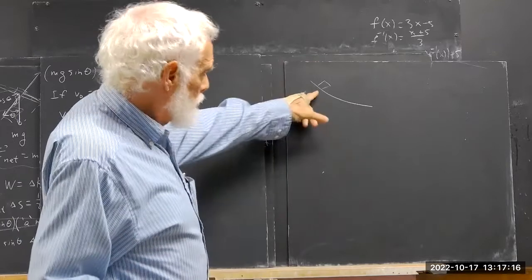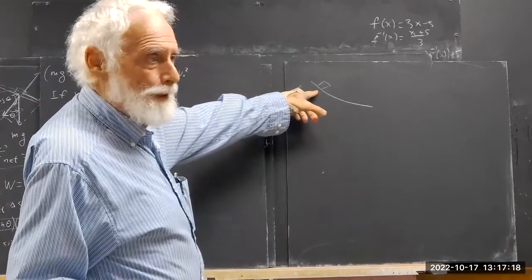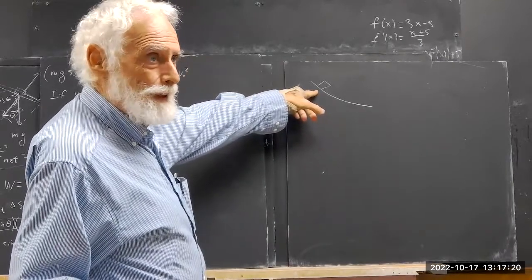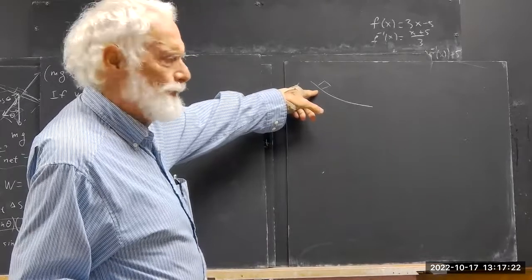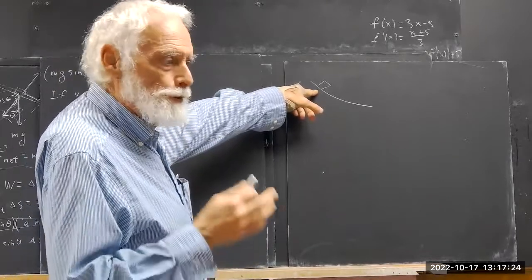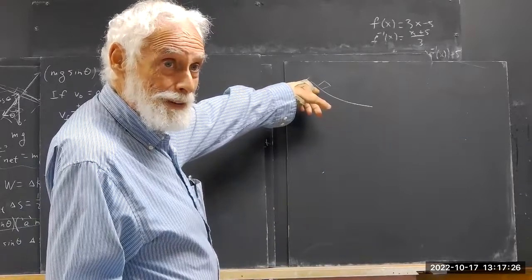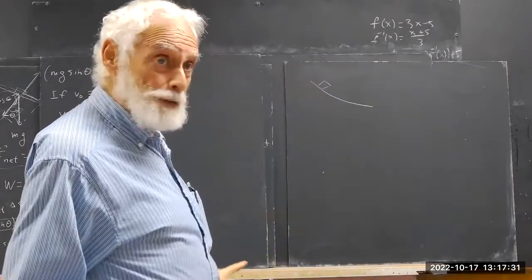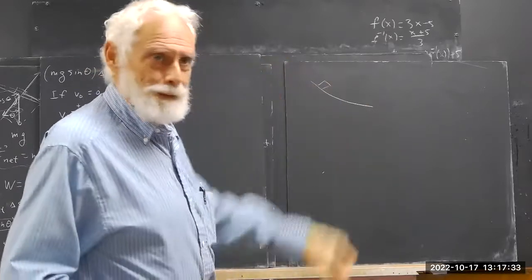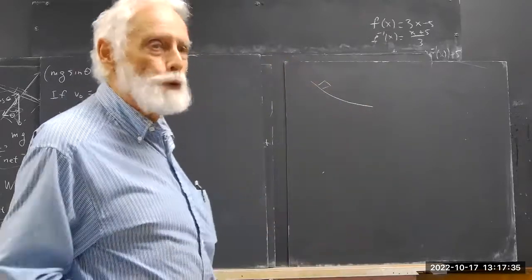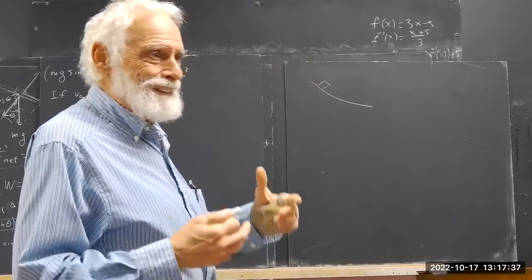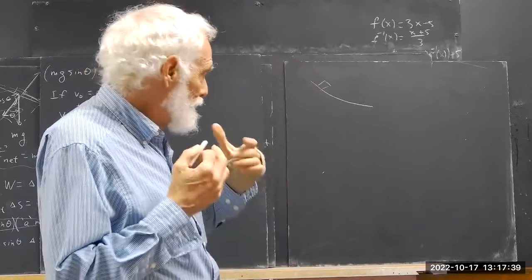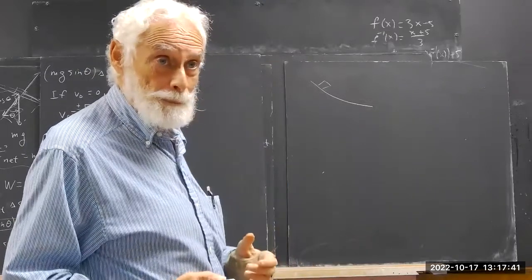Well, now you can't find the components of the force in the X and the Y directions, because it's going to keep changing. And your X and Y directions are going to keep changing. You can't keep rotating those coordinate axes and expect to get anything useful.